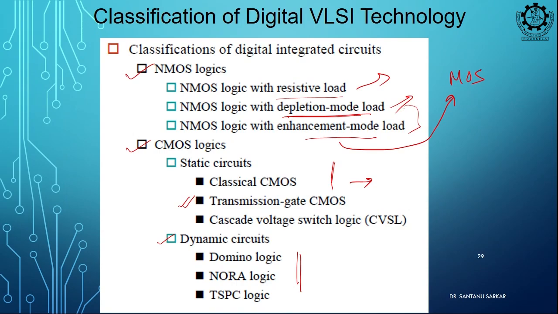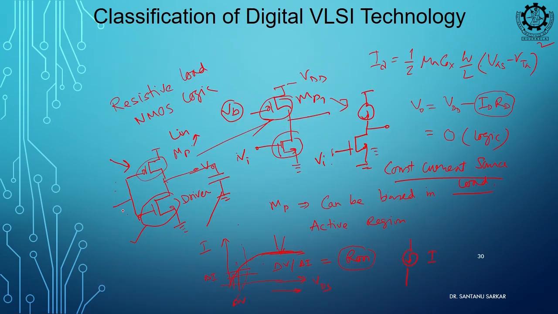Capacitance, load at output, then what will happen? Suppose this is your logic. Now, see this capacitor will always be there, the load is capacitive, because a gate may be driving another gate, right. So, it will see a capacitance only, because it is driving the gate of a transistor.